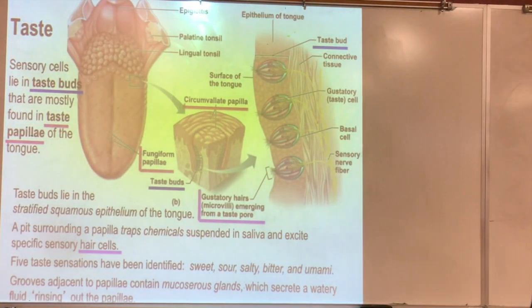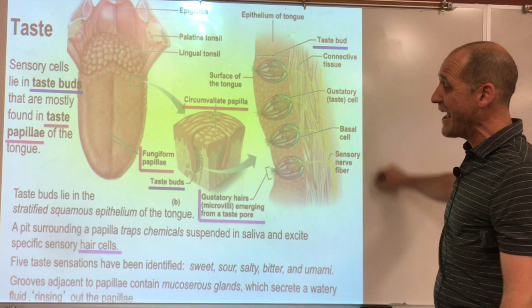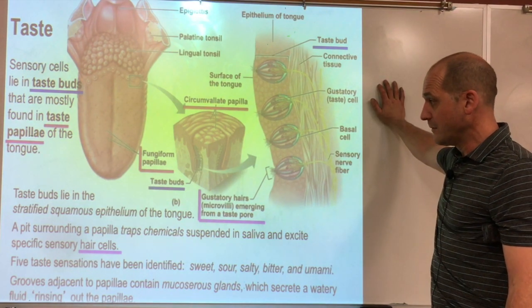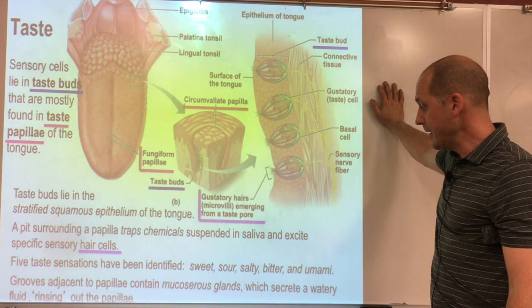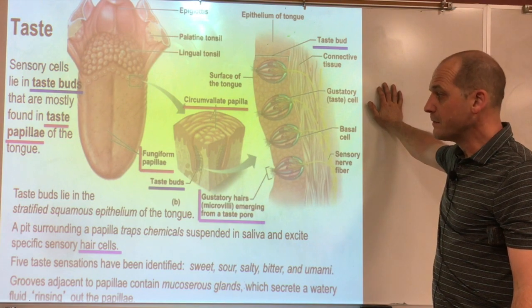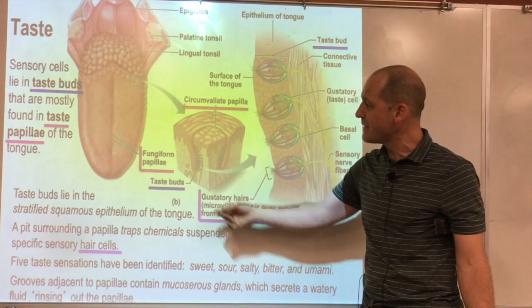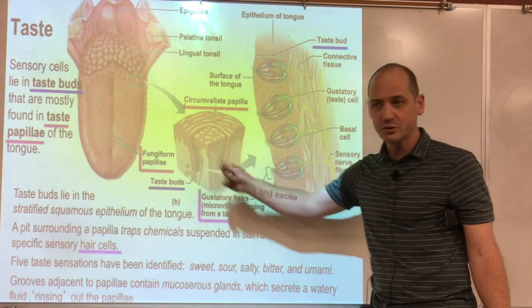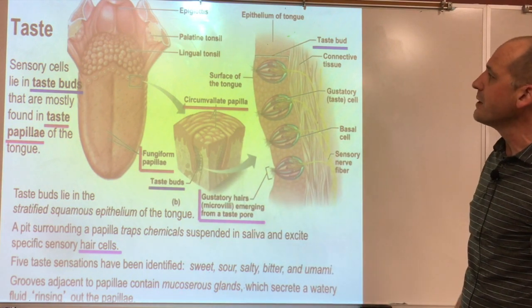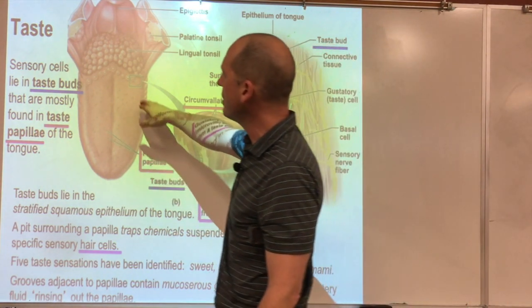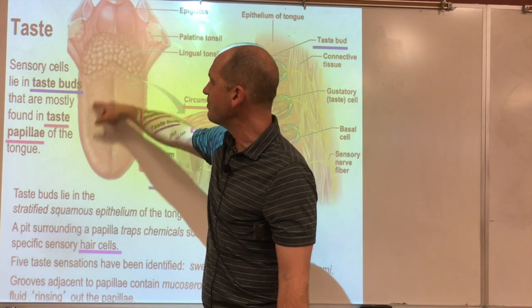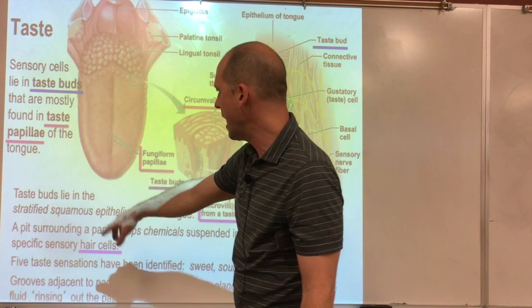But that brings us to taste. And taste and smell are both, when we have chemicals dissolved in liquid, they get picked up by some chemical receptors. And in the tongue we have taste buds that are mostly found in taste papilla, that's just language.